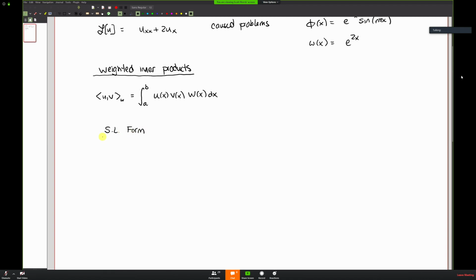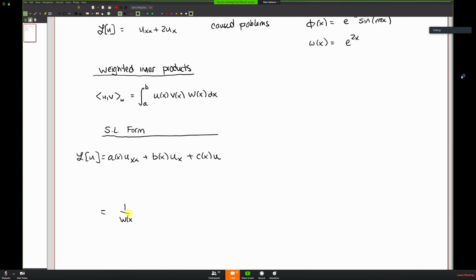All right, and any operator we can put into Sturm-Liouville form: 1 over W of x, P of x, Ux x plus Q of x U, if we choose our weight function carefully.